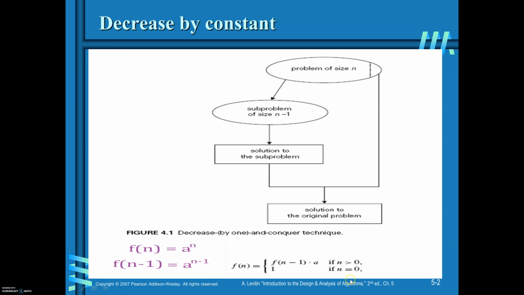If n equals 0, then a power 0 is equal to 1. So here the problem size is decreased by 1. If you already know the solution for a power n minus 1, then with that you can find the solution for the problem of size a power n.